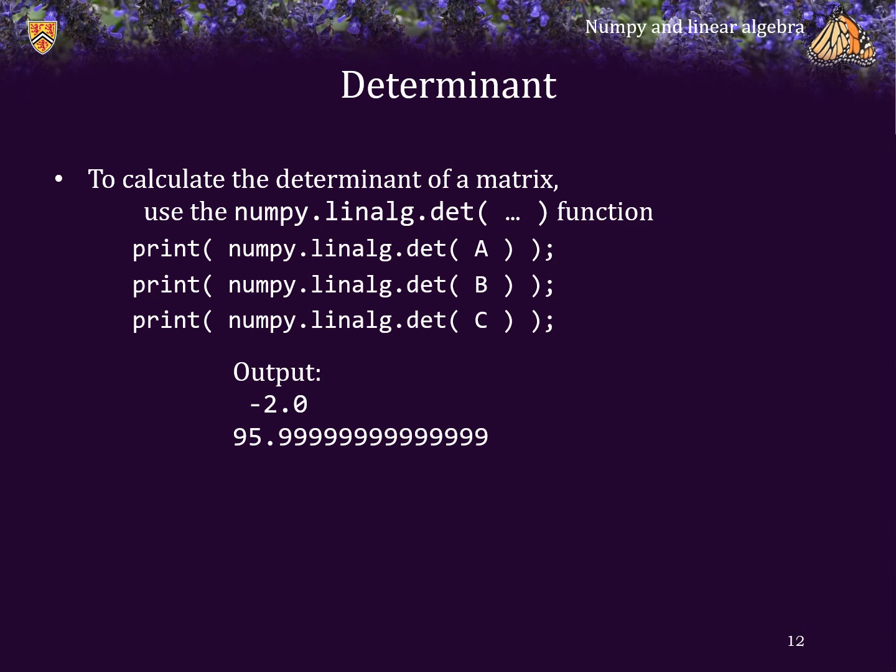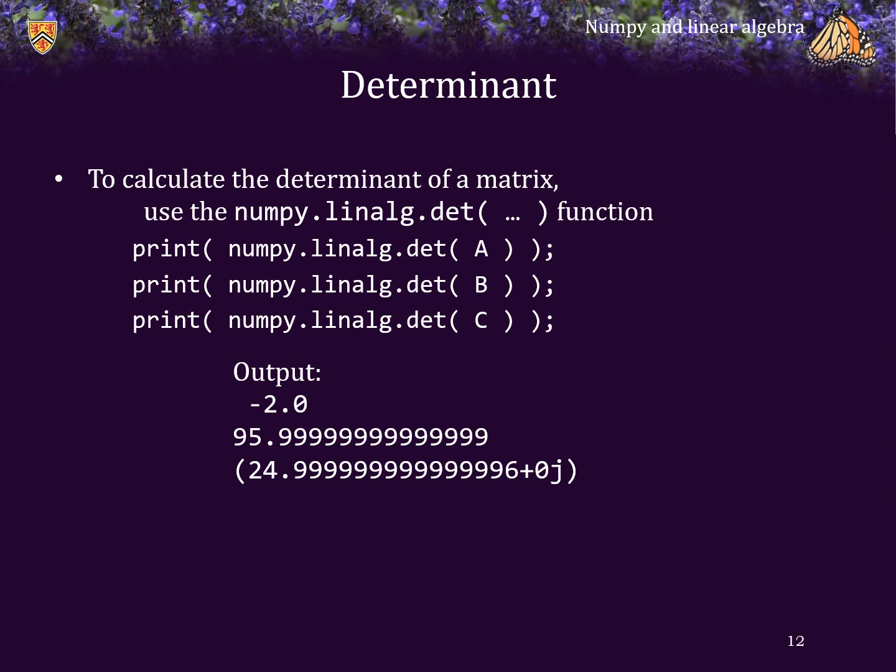The matrix C was self-adjoint, and you'll recall that all of the eigenvalues of a self-adjoint or conjugate symmetric matrix are real, and the determinant is the product of the eigenvalues.